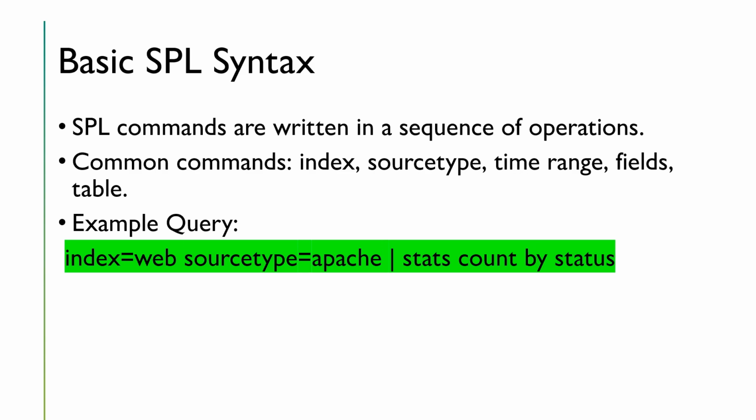For example, here, index web and source type apache pulls the actual events from this index and source type. Then you see the pipe, so now this stats command works on this data. This is the first part of the query, and this is the second command. The stats works on the data that has been pulled out from index web and source type apache. That's the pipeline structure, and that's what Splunk follows.